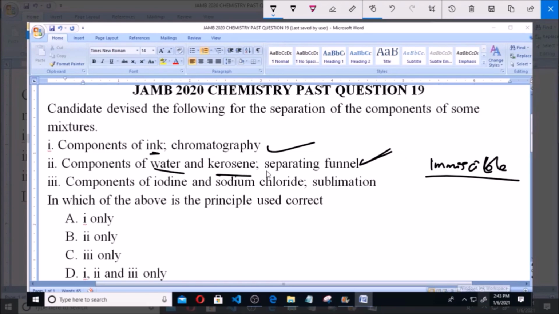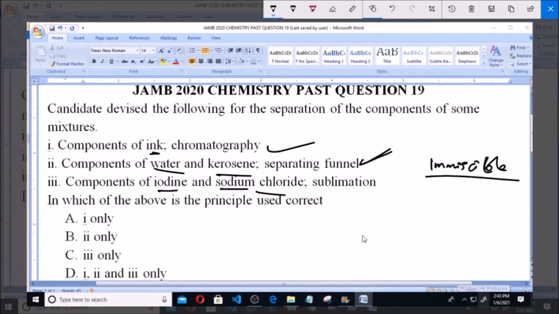Now, for iodine and sodium chloride, iodine is a substance that can easily sublime. When I say sublime, that means it can change from solid state directly to gaseous state without passing through the liquid state. But sodium chloride cannot sublime.